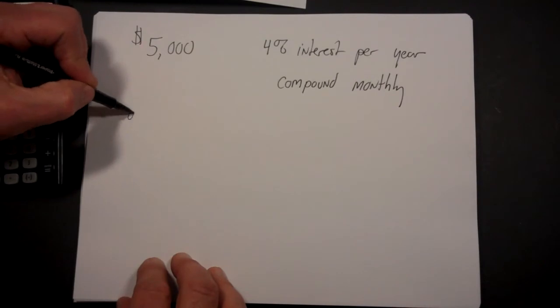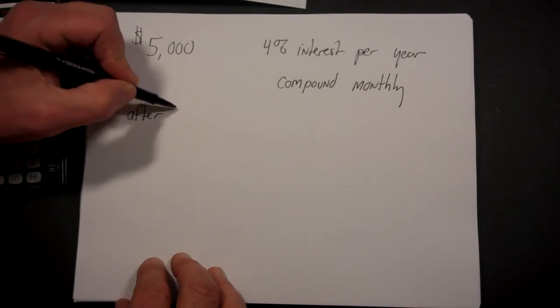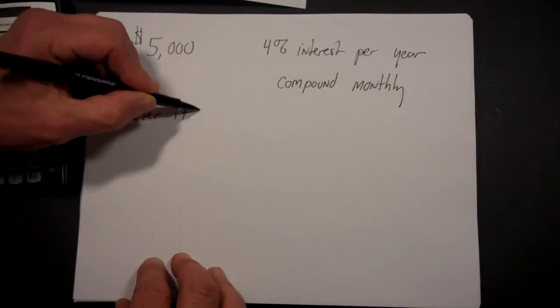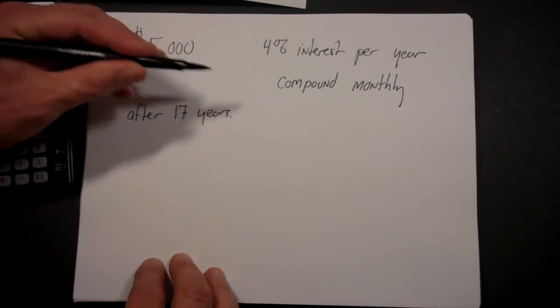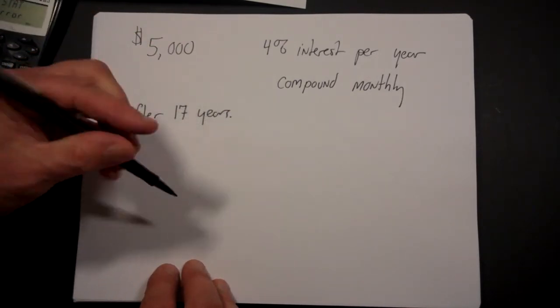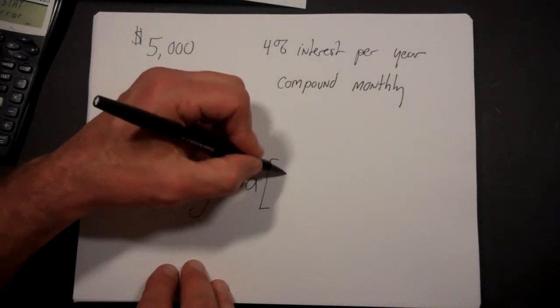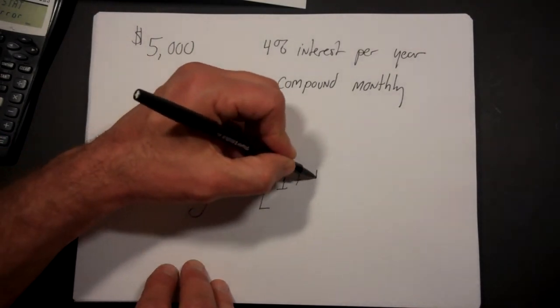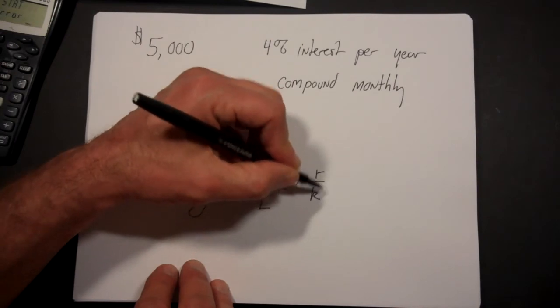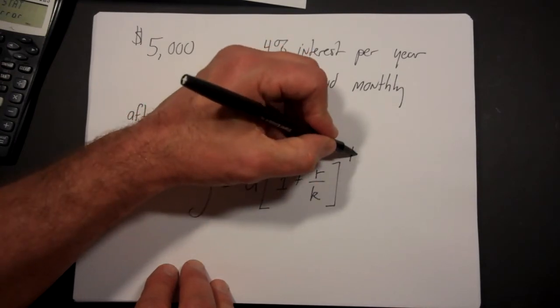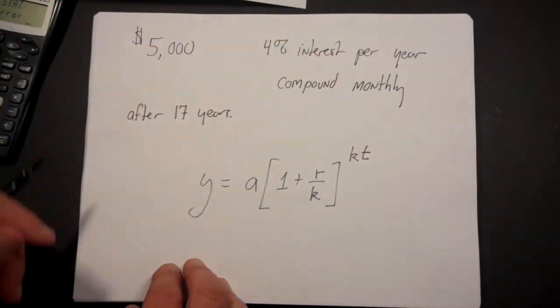And then you might want to know how much money you have after, let's say, 17 years. So here we're going to use a slightly different formula, and it's going to be Y is equal to A times (1 plus R divided by K), raised to the KT.